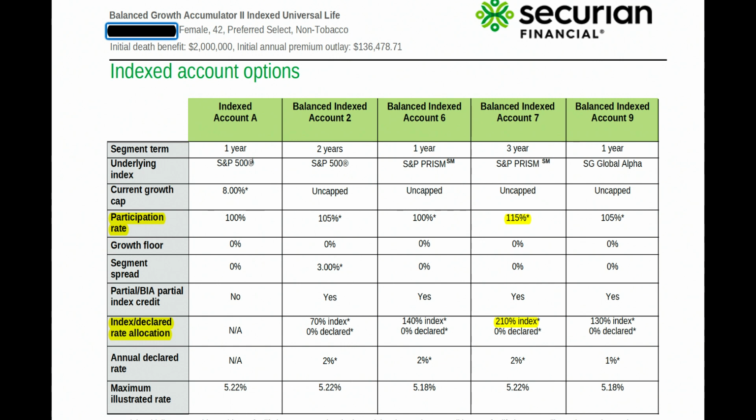With Securian's 3-year S&P Prism Index, there are 2 participation rates. You have the 115% par rate and the 210% index allocation, which is a second participation rate. So you would be credited 115% of any gain in the index, as well as 210% of any gain in the index.